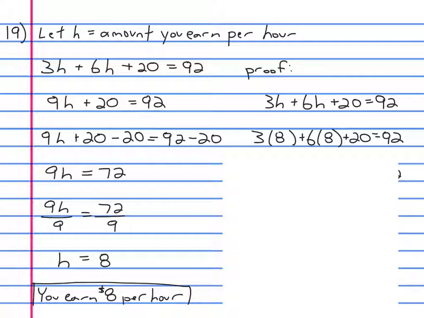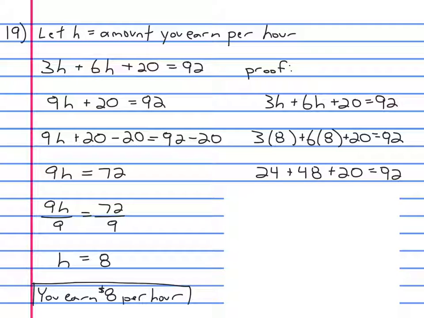Then do that on the second step. But there's nothing that would change. It wouldn't affect it if you did this and this together since they're separated by something that happens in a later step. So 3 times 8, 24, plus 6 times 8, 48, plus 20 equals 92. These are the only two things that got simplified.